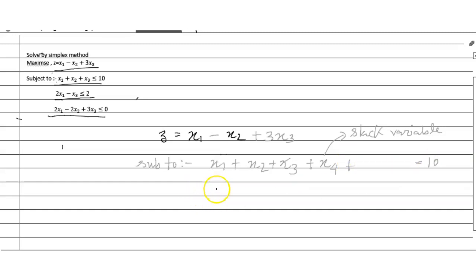Another constraint is 2x1 minus x3 plus x5 equals 2, and another is 2x1 minus 2x2 plus 3x3 plus x6 equals 0.